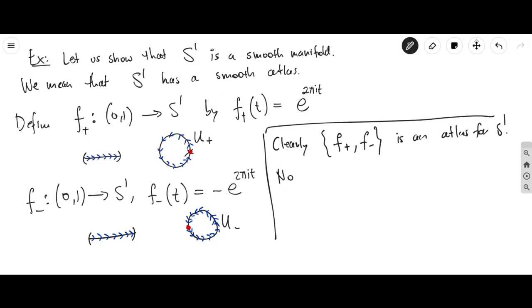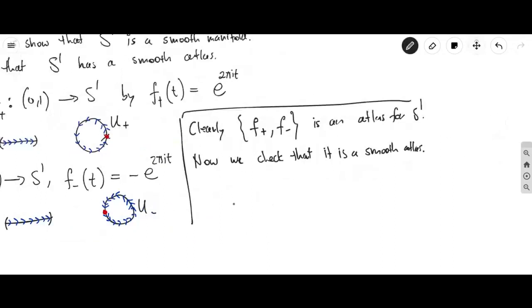So now we check that it is a smooth atlas. We have to check that F plus composed with F plus inverse is smooth, F plus composed with F minus inverse is smooth, F minus inverse composed with F plus is smooth, and then F minus inverse composed with F minus.